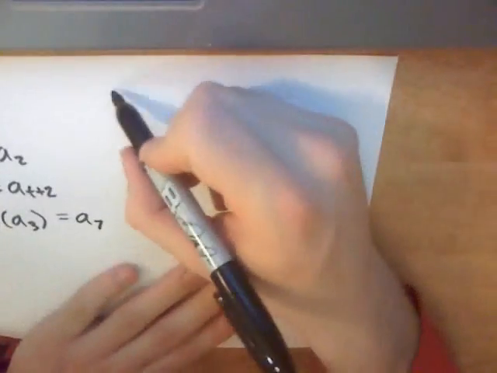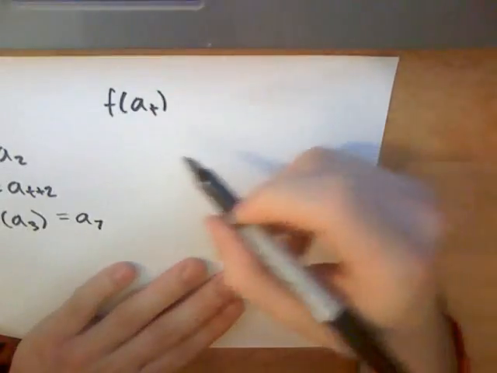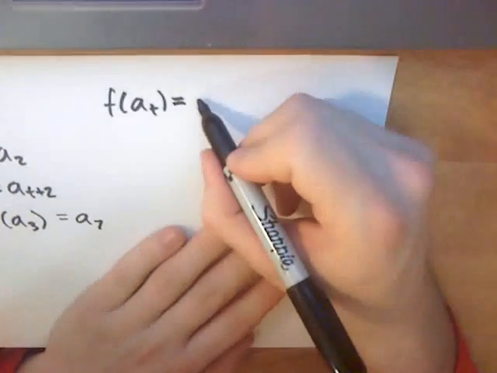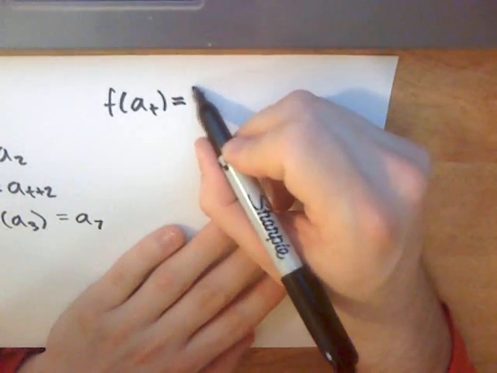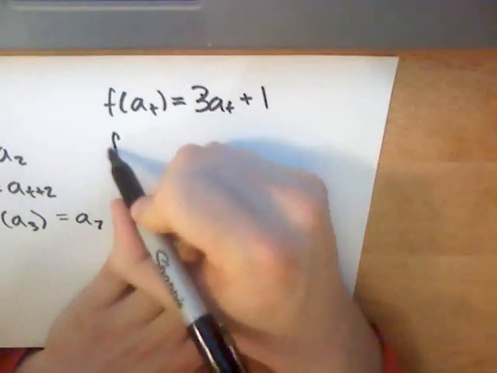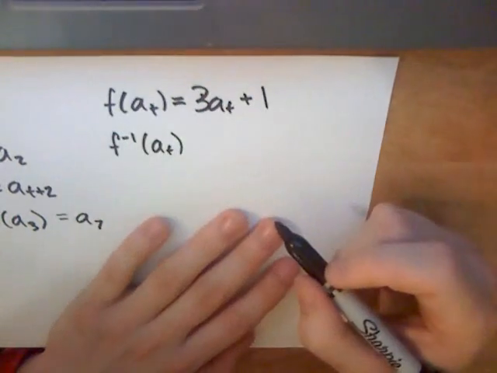If we have a DTDS, let's say f(a_t), an updating function, and it gives you, let's say, 3a_t + 1, it's of interest to us what the inverse updating function is.